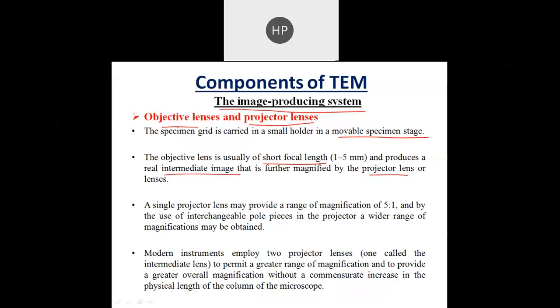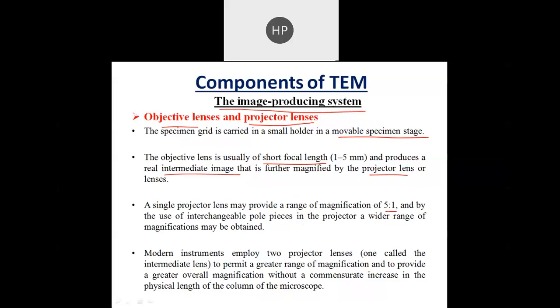So the initial image is produced by the objective lens, and we require a magnified image, so that magnified image is produced by the projector lens. So these are the uses of these two lenses. The objective lens initially produces an intermediate real image, and that intermediate image is magnified by the projector lens. A single projector lens may provide a range of magnification of 5 to 1.